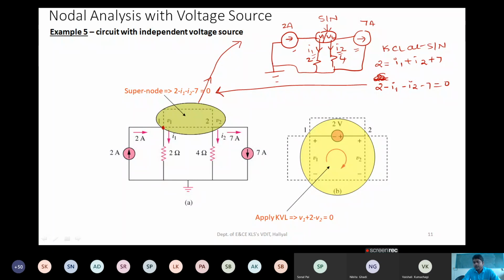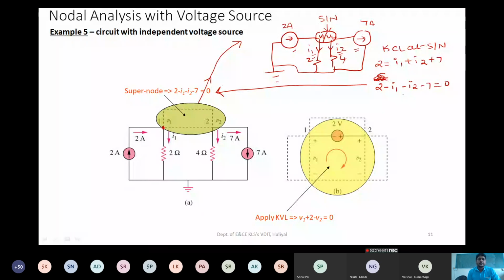So first what we did, we identified that there is a voltage source in between V1 and V2, which are the two non-reference nodes, and we removed that and clubbed it, which looks like this. Then, according to the given circuit, we took the directions and wrote the KCL equation.